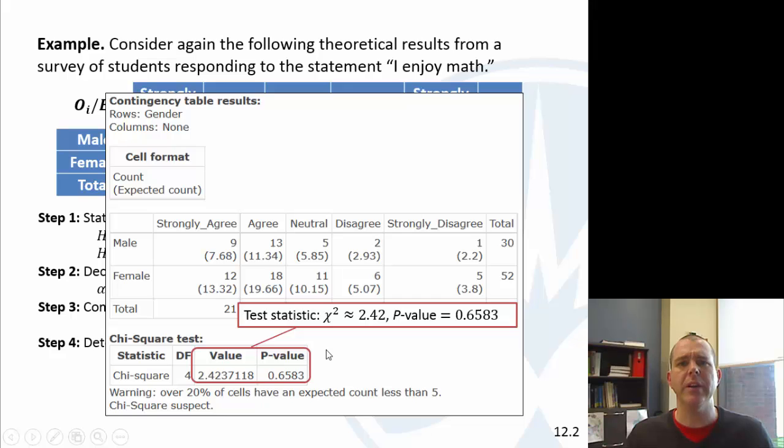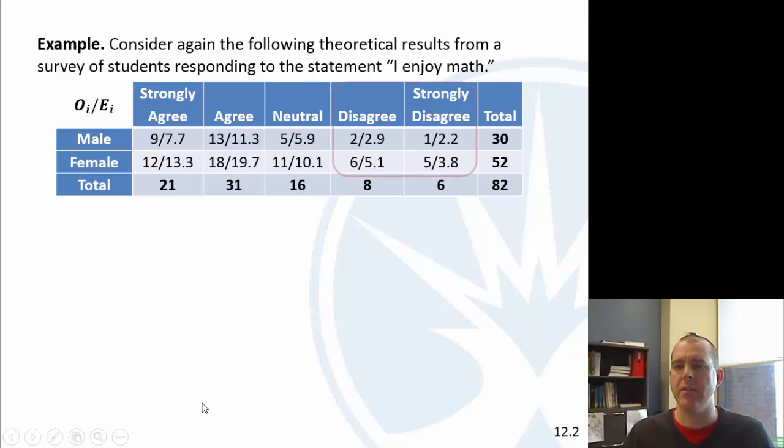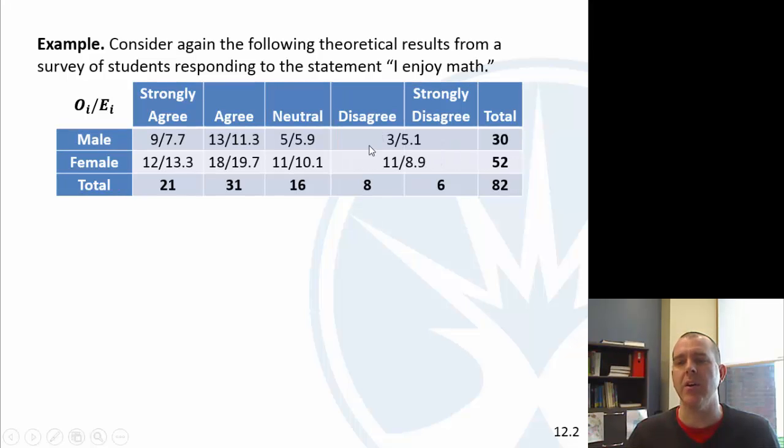You might notice on the very bottom here it says, uh-oh, over 20% of the cells have an expected count less than 5. This value is suspect. The issue here is these over on the right. There's 10 cells here and 3 of them are less than 5. So 30% are less than 5. That's no good. So what we can do is just combine those together.